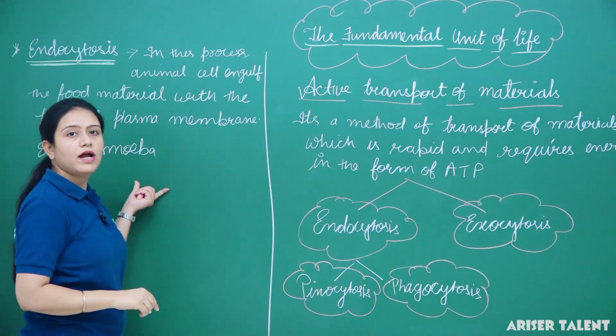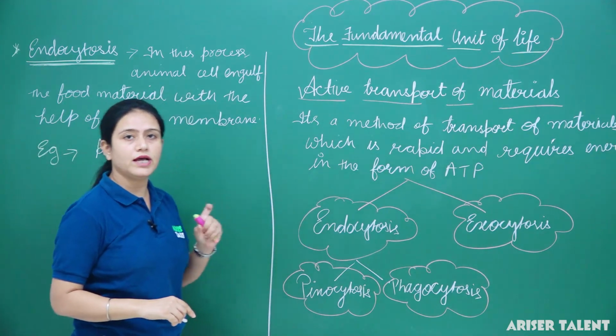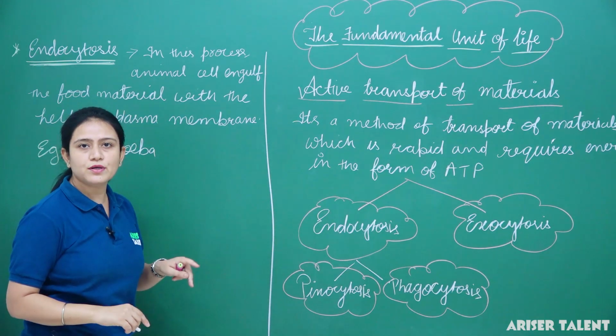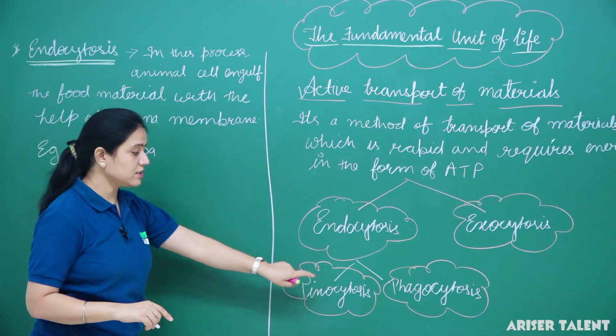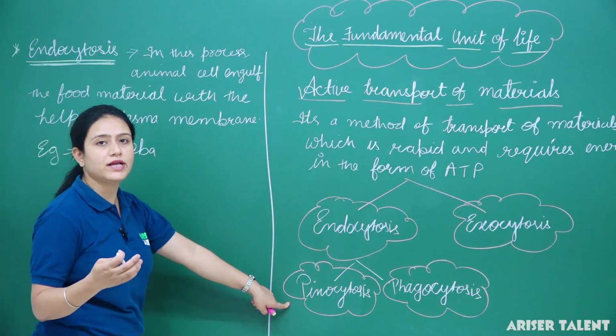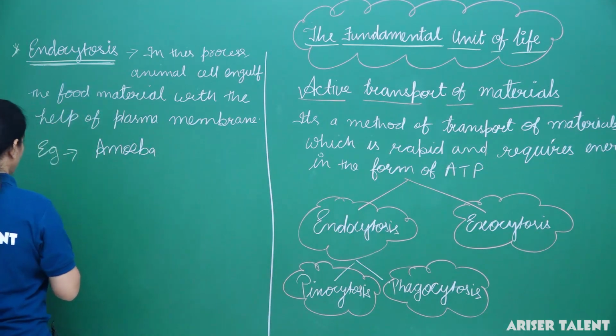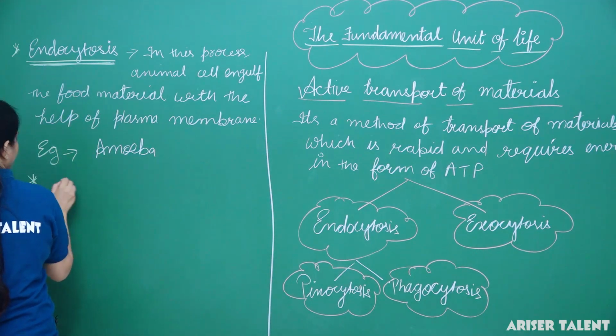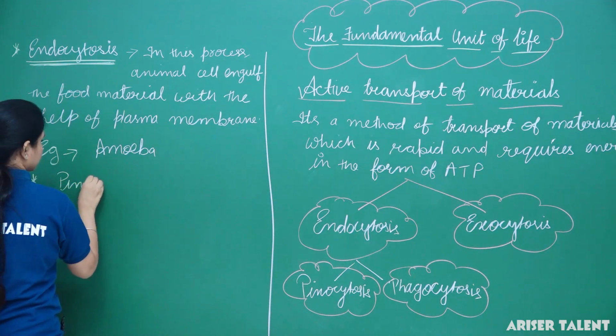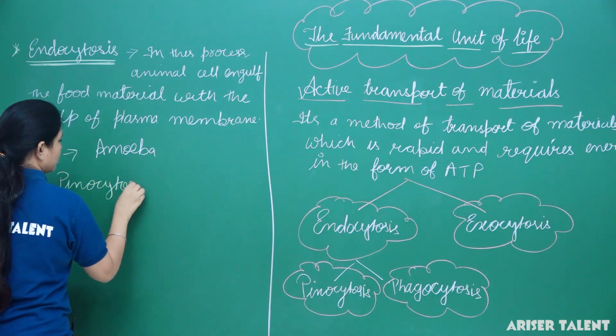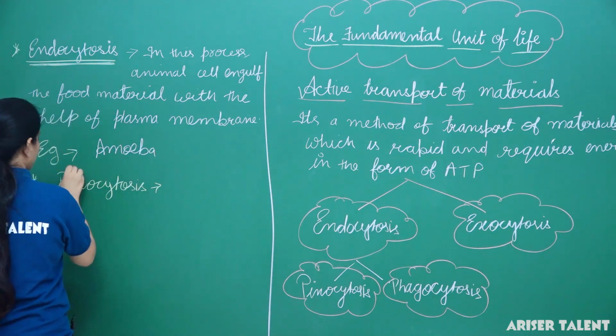Okay. Now, endocytosis takes place with the help of two processes, that is pinocytosis and phagocytosis. Pinocytosis is also known as cell drinking. First of all, we will talk about pinocytosis. What is pinocytosis?